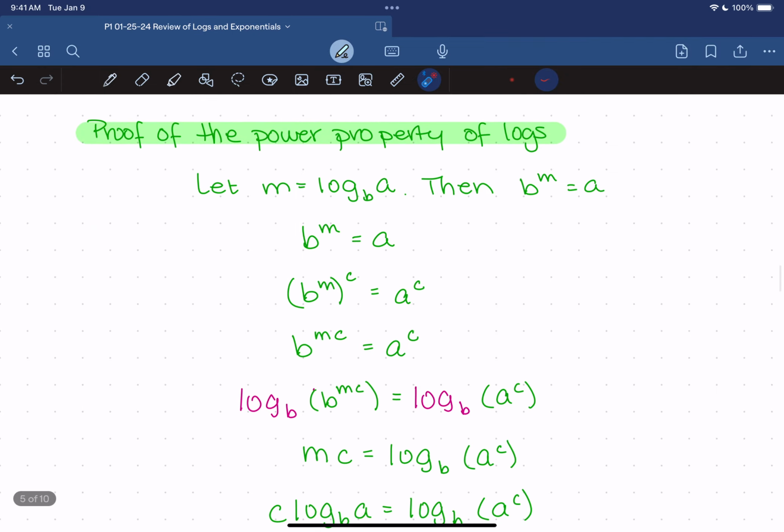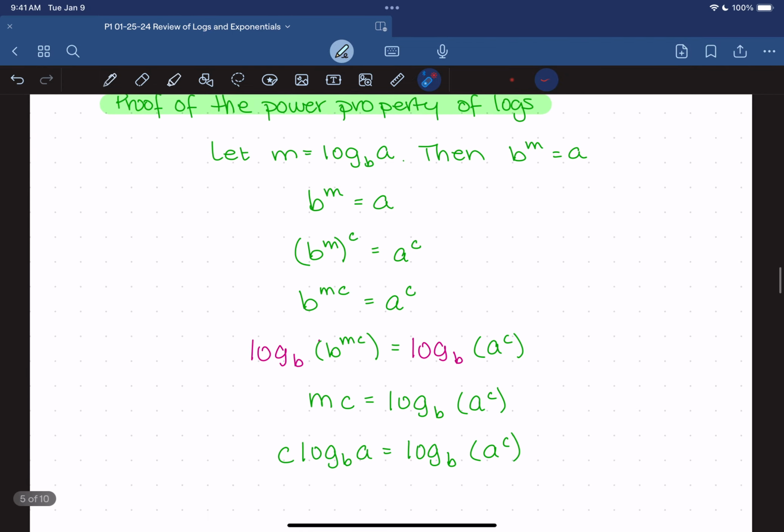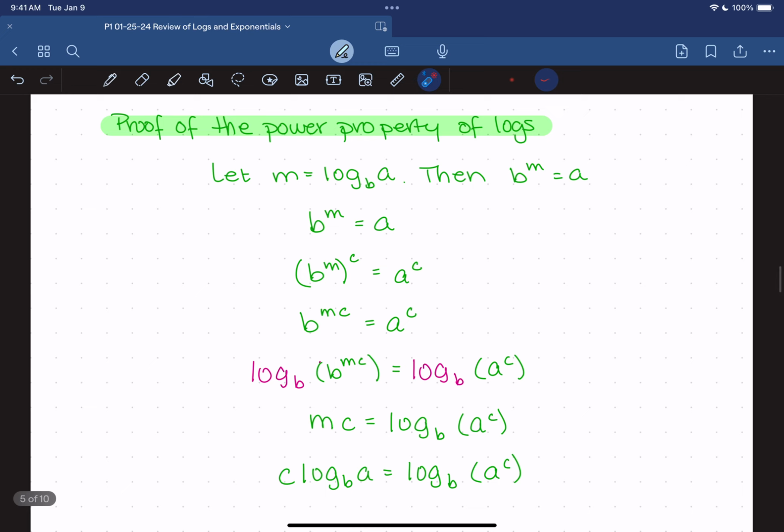We're going to take a look at the power property now. So the power property, if I again define m to be log base b of a, then from around the world, we know b to the power of m is equal to a right there. So starting with that, if I raise both sides to the power of c, my rules of exponents, when I have a power to a power, I can multiply the exponents.